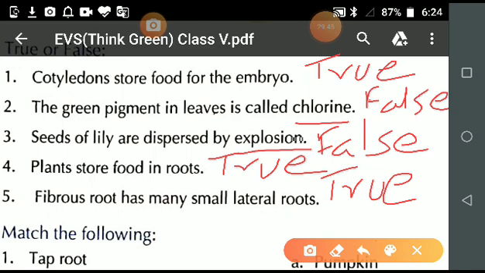The part of the plant which is below the ground is known as, yes, Arya, give the answer. Root. Excellent. Very good answer. The part of the plant which is below the ground is known as root.